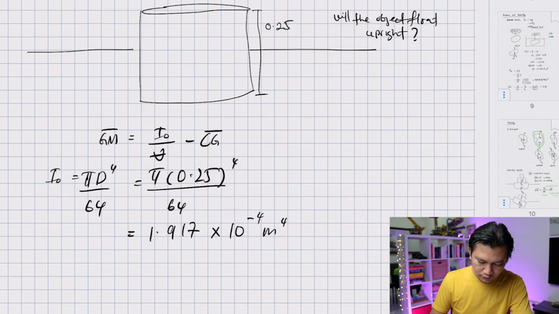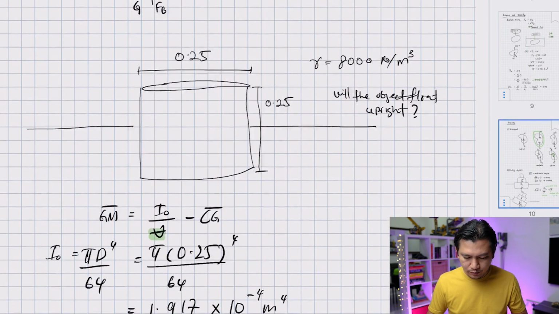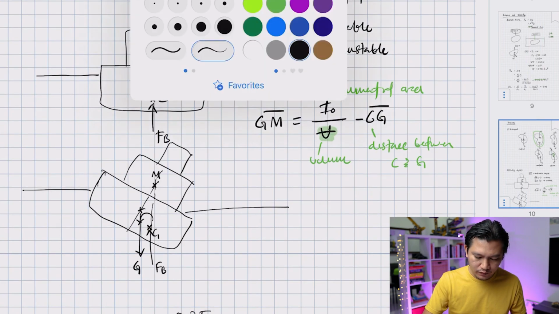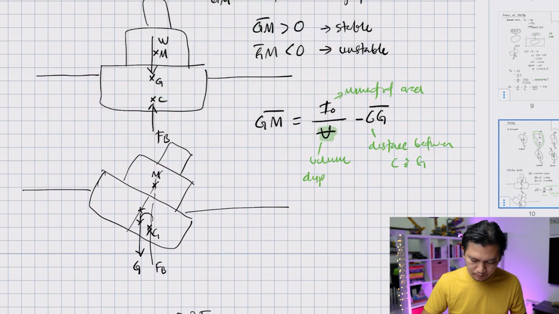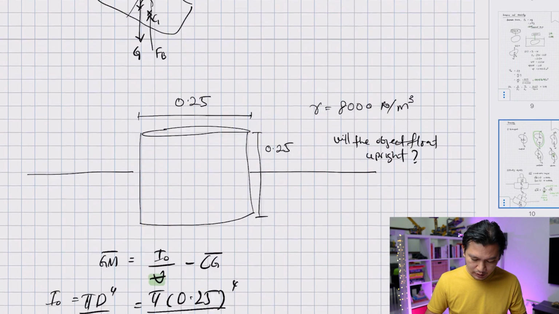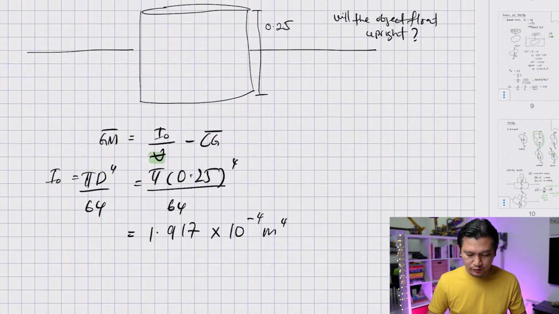Okay, next we need to find volume. And I think I forgot to mention before that this volume is the volume of displaced fluid. Be very careful. This is not the volume of the object, but the volume of the displaced fluid. Now let's take a look at what our volume of the water is.